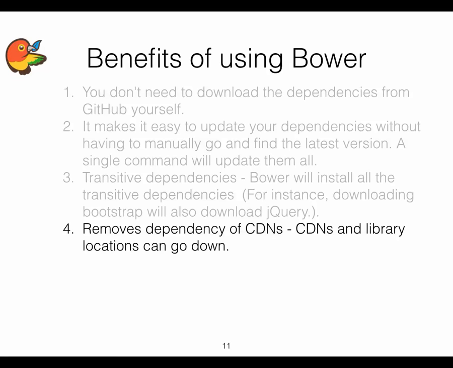Usually they are reliable, but let's say we don't want our application to rely upon third-party servers. If the CDN is down, our application won't work, right? So if we want all libraries on our local machine, then Bower is there.